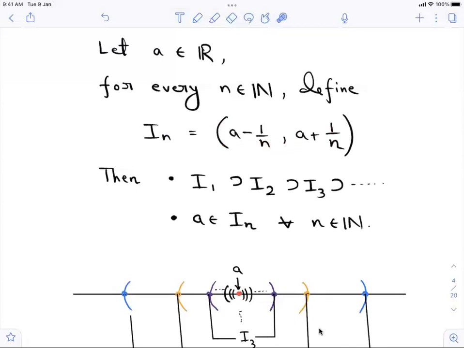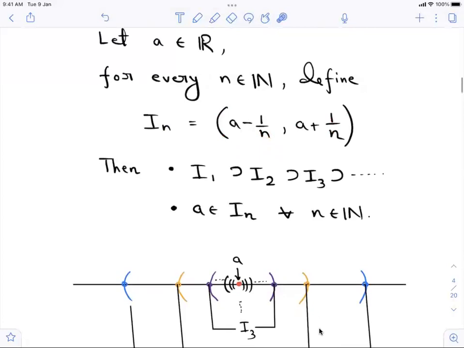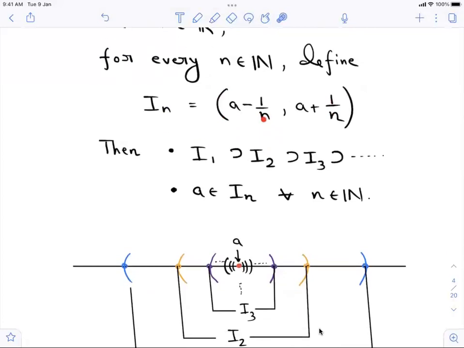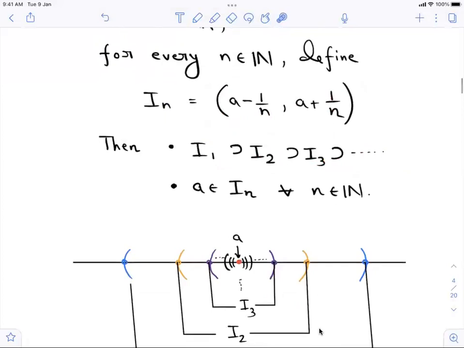That gives me a neighborhood, and as n varies, I get a system of neighborhoods. This particular system has the property that I1 will contain I2, contain I3, and so on. Such a system is sometimes called a nested system of neighborhoods.